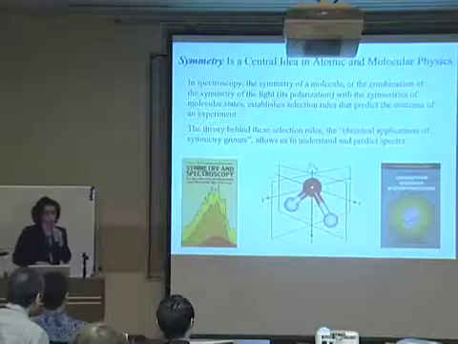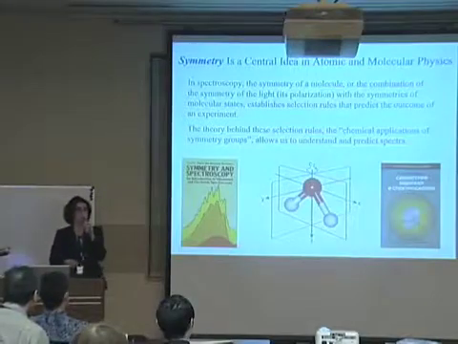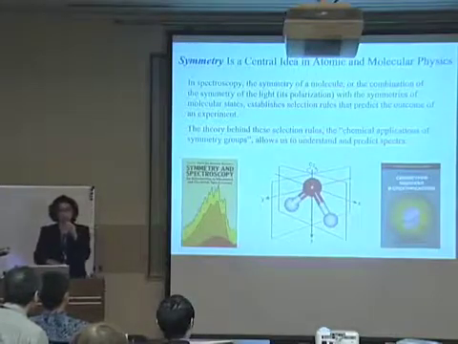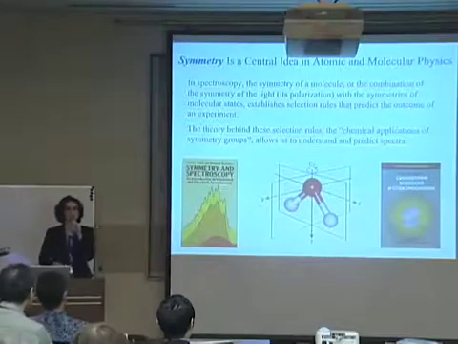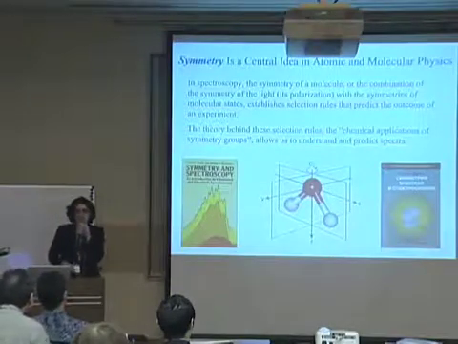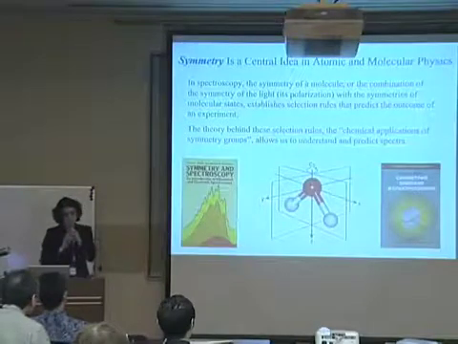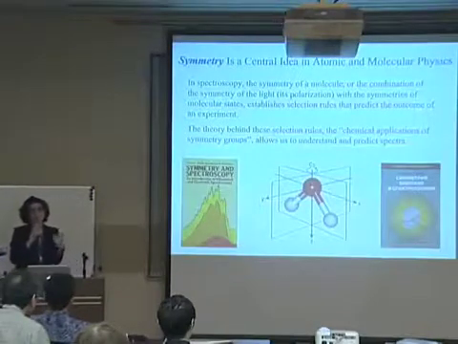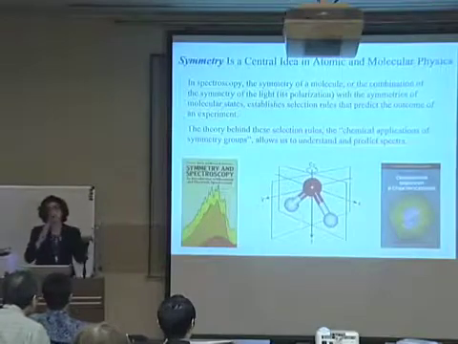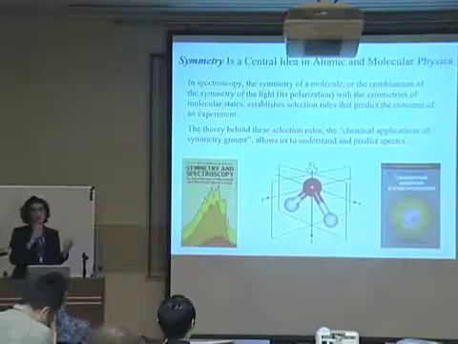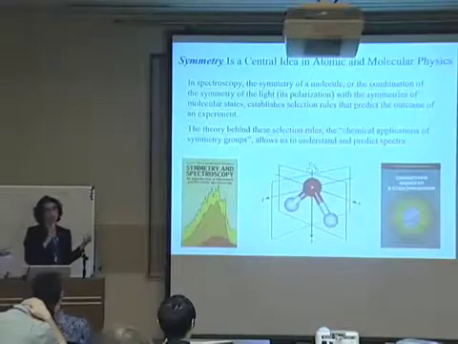So why is this so important? Because symmetry in molecules and atoms establishes what are called selection rules. Those selection rules allow us to predict the outcome of experiments. And these selection rules also help us interpret and understand spectral lines, which would otherwise be a forest of lines. We can understand what they mean knowing the symmetry that these molecules have.